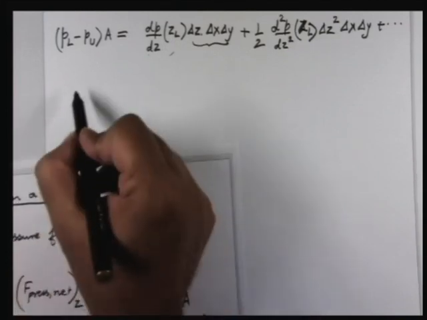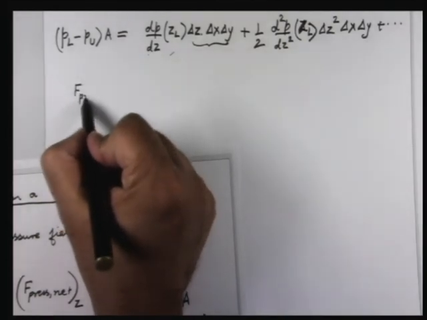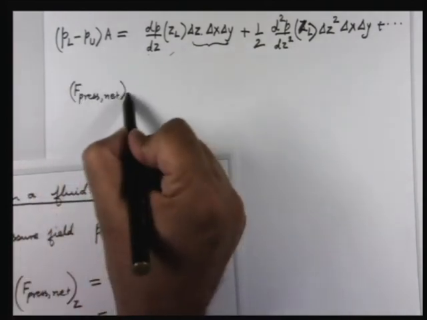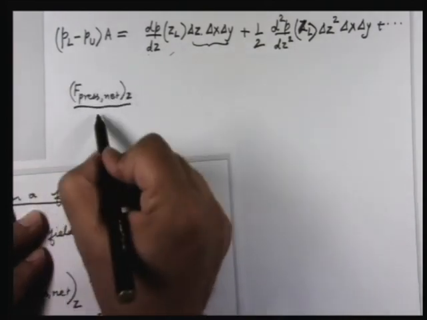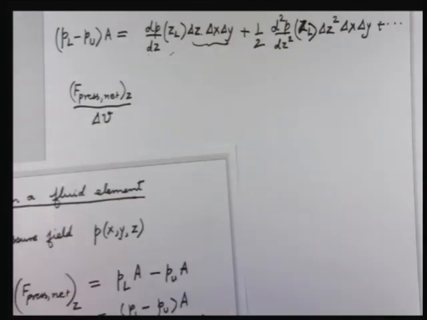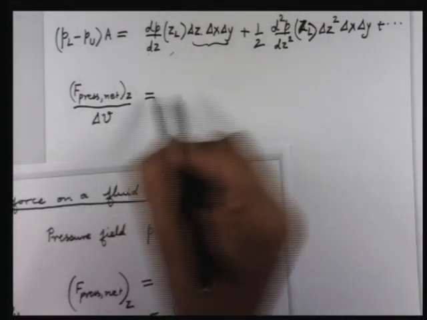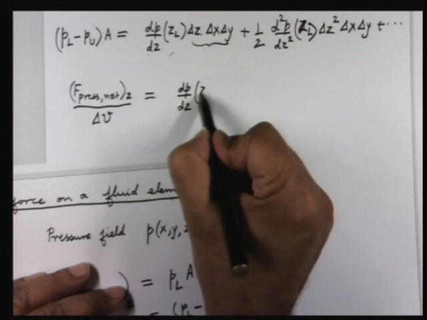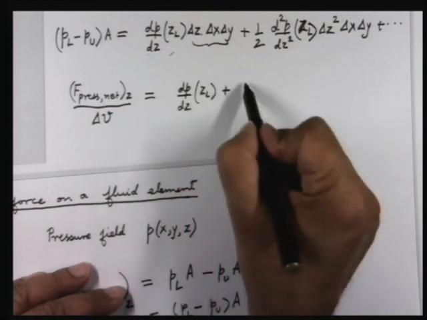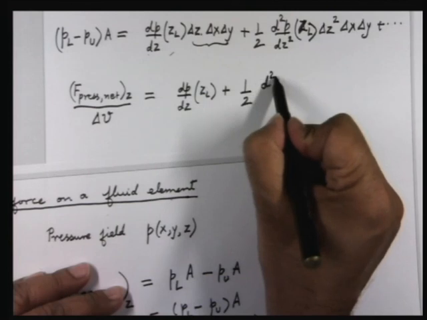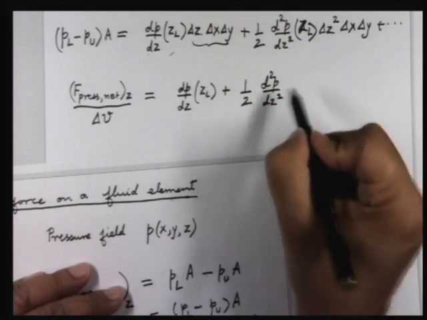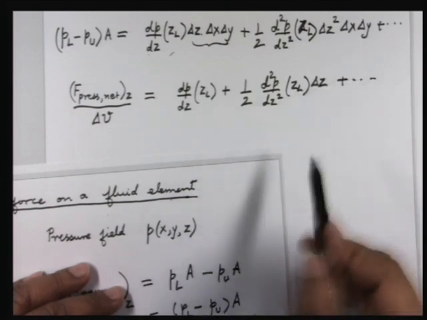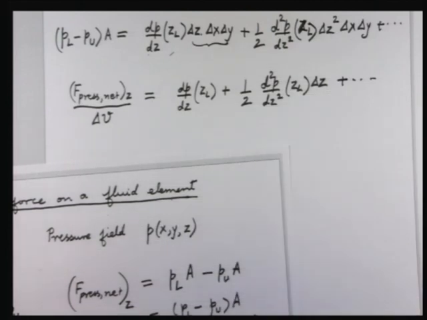So if I want F pressure, net, in the Z direction per unit volume, let us say, then it will be dP/dZ at ZL plus half d2P/dZ squared at ZL into delta Z plus higher order terms. The delta X, delta Y and one of the delta Z's will cancel out.